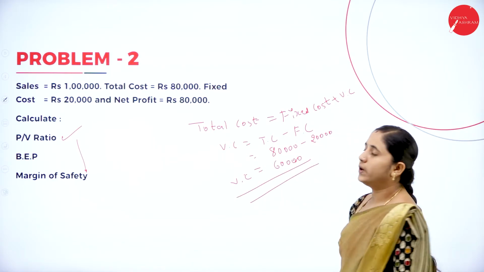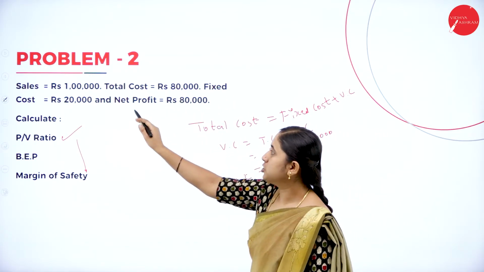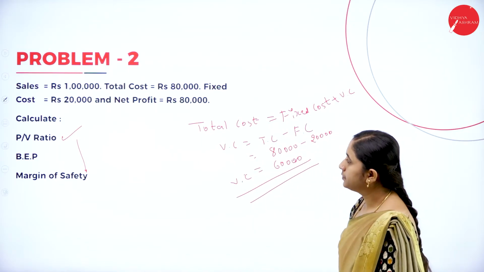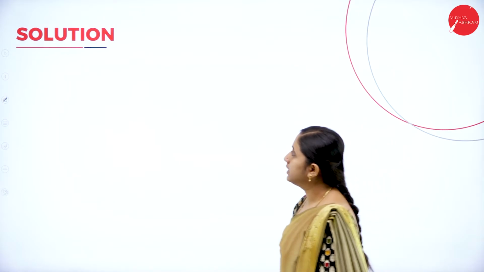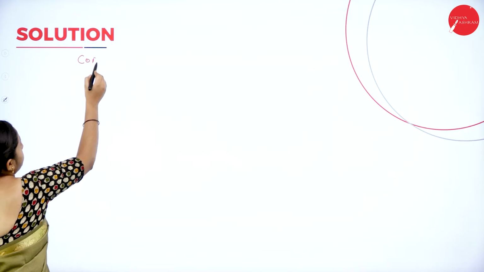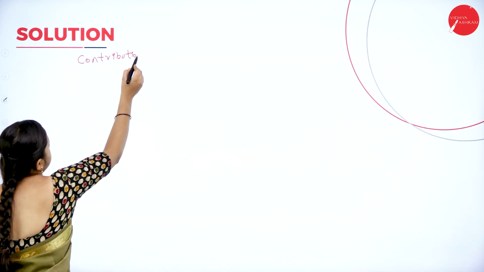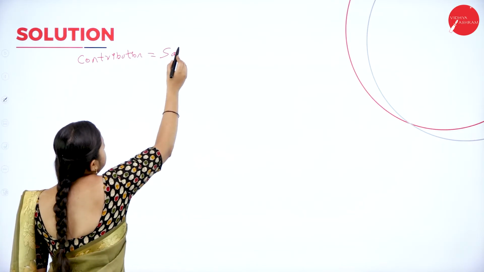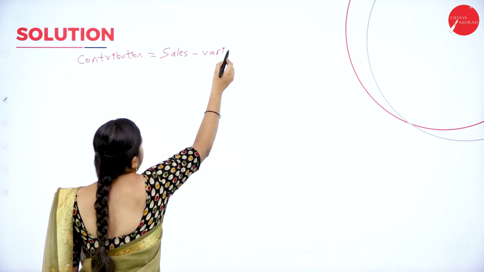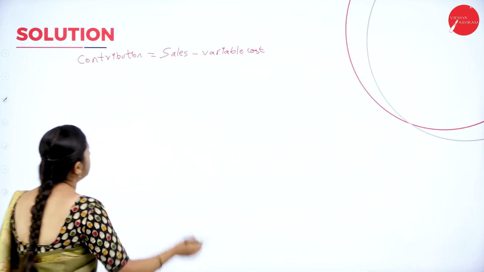60,000 is variable cost. So now we know the variable cost, fixed cost, total cost, sales and net profit. Now start calculating contribution first. Contribution is equal to sales minus variable cost.